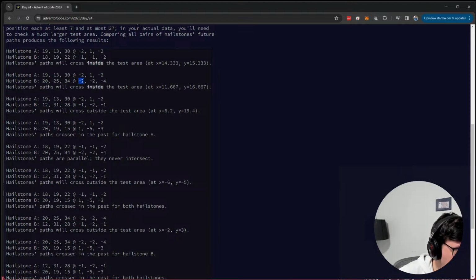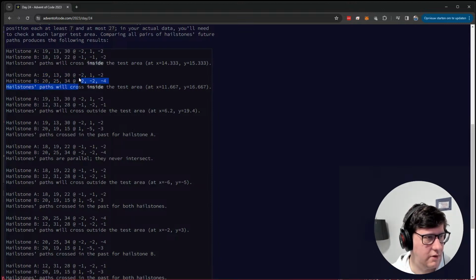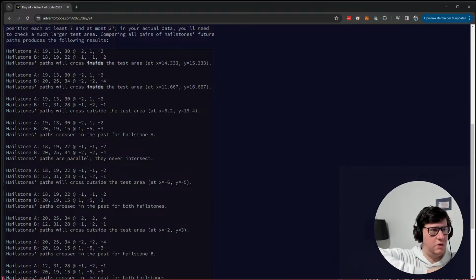Because they move at the same speed, they will never intersect. They will always be parallel. What am I missing here? Because if these two values are the same, they can never intersect. This is weird. Let me read it again.